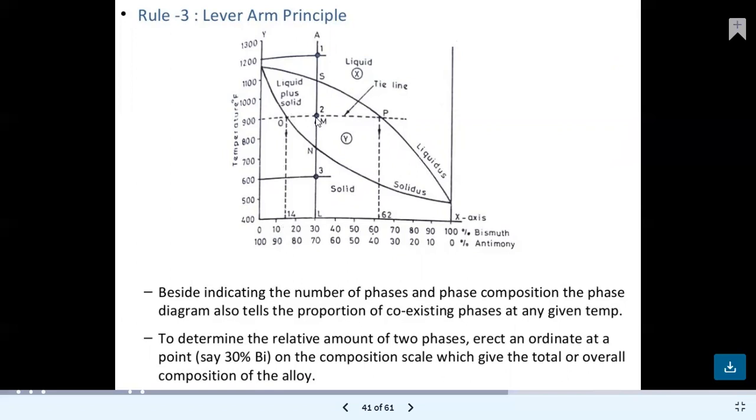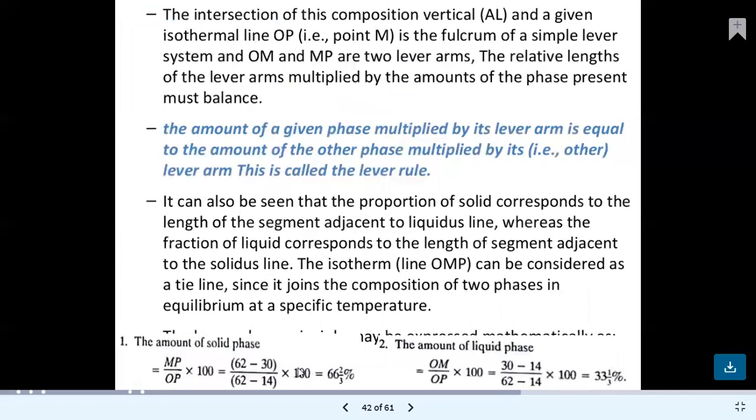This is the 14, so this is the OP. So 62 minus 30 upon 62 minus 14 into 100 is 66 2 by 3 percentage. And the amount of liquid phase present becomes OM upon OP into 100. That is 30 minus 14 upon 62 minus 14 into 100. That is 33 1 by 3 percentage.